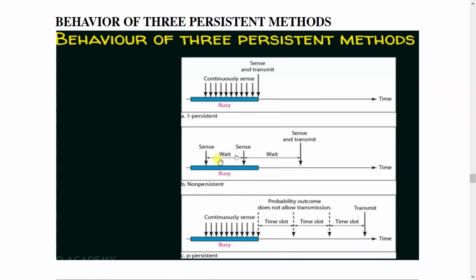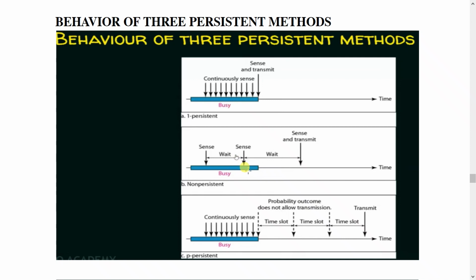In non-persistent, you save the energy needed for continuous sensing, and rather you just sense after a certain period of time at random intervals. For example, the node first senses the channel, finds it busy, waits for a period of time, and senses it again.